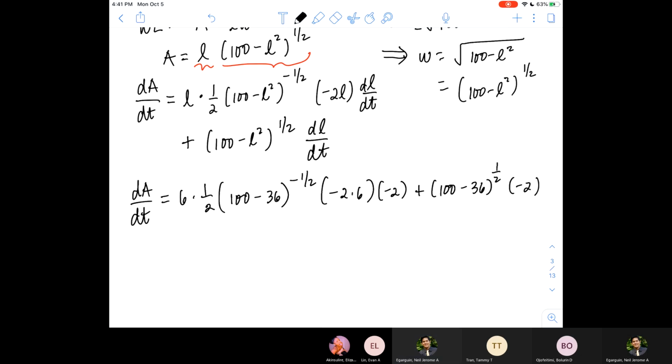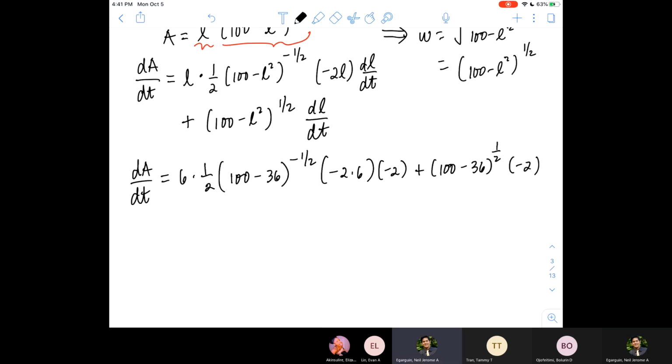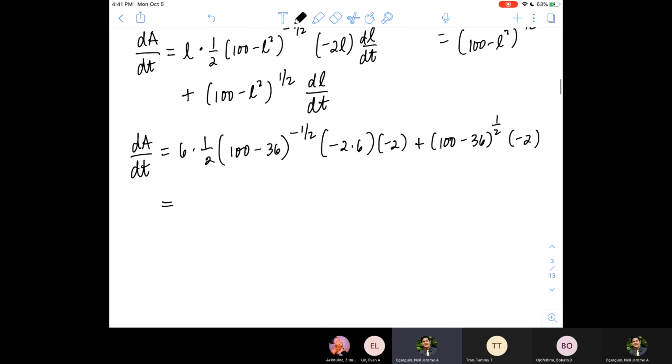And then here's my most hated part, doing the arithmetic. So kindly double check my answers here. I'm going to have here a 3. Then I'll have here a 64, but this is raised to the 1 half, so the square root of 64 is 8, but there's a negative exponent, so this would be 1 over 8.